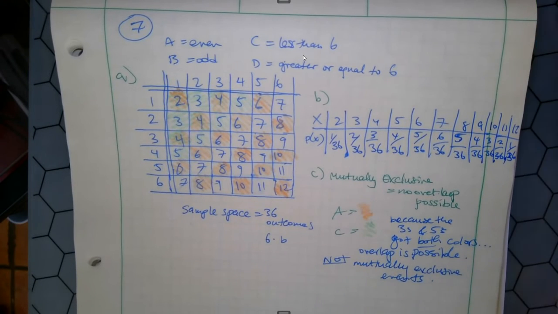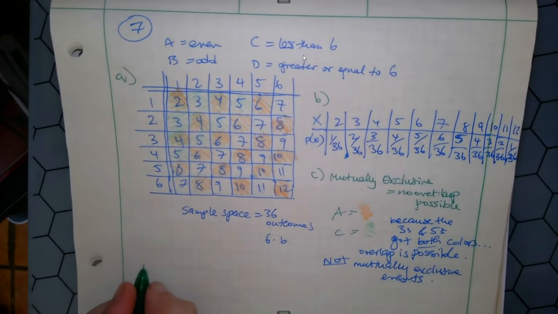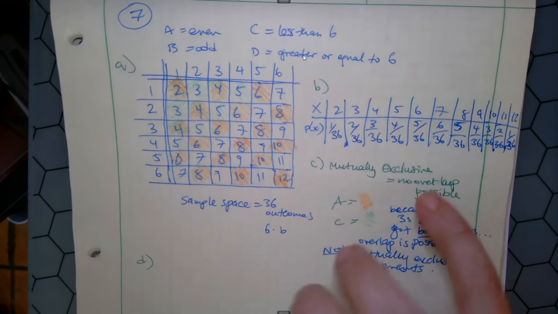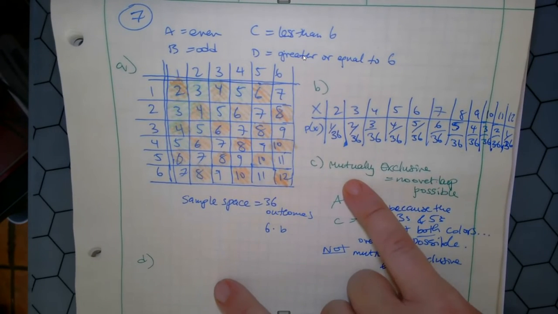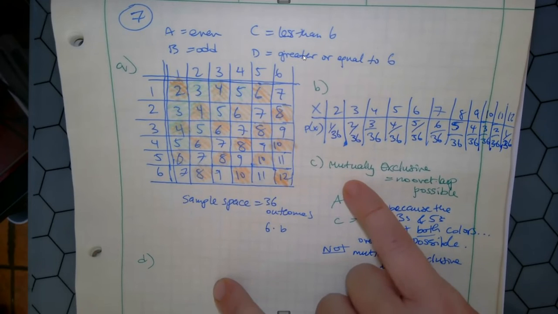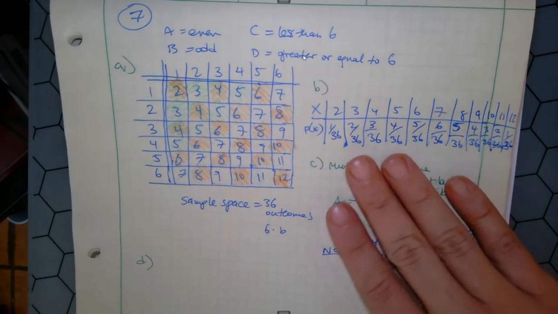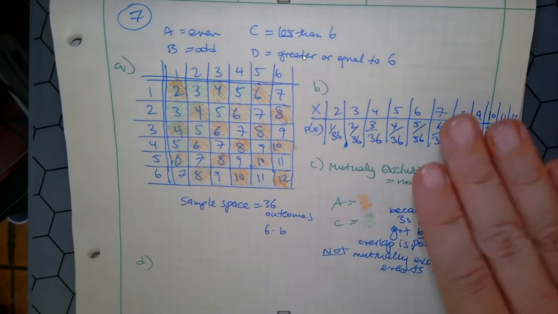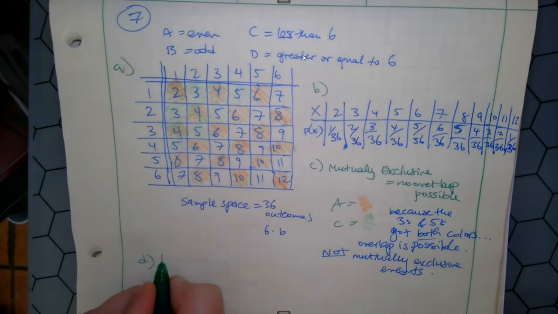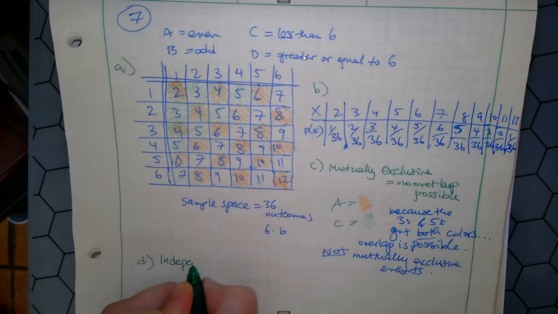All right. D, are they independent? All right. So these are two really common questions, these two ideas. So these are ways that two events can interact that are special. Most of the times they're not either this one or that one. So mutually exclusive, can these two events overlap? The answer is yes, they're not mutually exclusive. And the second one is independence, which unfortunately is not a visual thing. Independent.